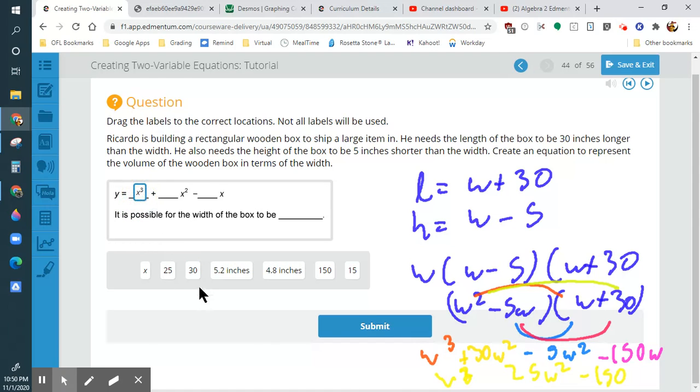So this is going to be x cubed, sorry, 25x squared, and negative 150. Is it possible for the width to be, we want it to be bigger than 5. So it's not this. I'm not going to plug it in.